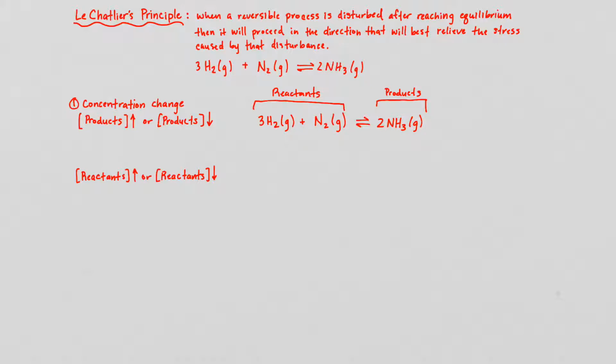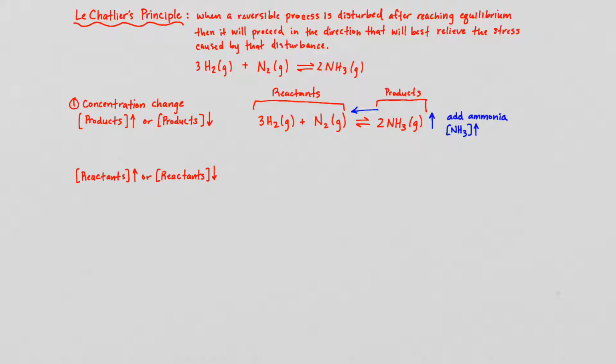Alright. So if we increase the concentration of these products, otherwise we add ammonia, what will happen is that the concentration of NH3 will increase, and then what's going to be forced to happen is the excess ammonia will start to convert into more of the reactants, the hydrogen and the nitrogen.